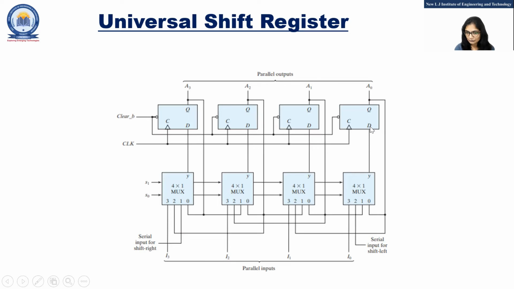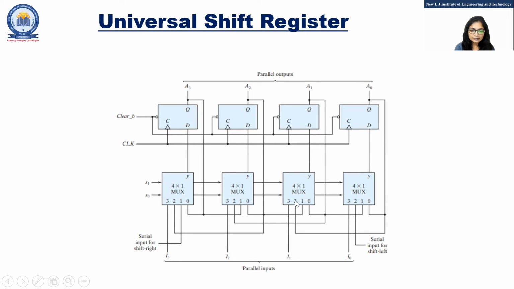This output is given to the D flip-flop. So either 1 or 0, this data will pass to this output line. And you can see I am shifting this data to the next mux. So you can observe this data shifted to the left side. Here I am applying this data to the third line again of the next mux.